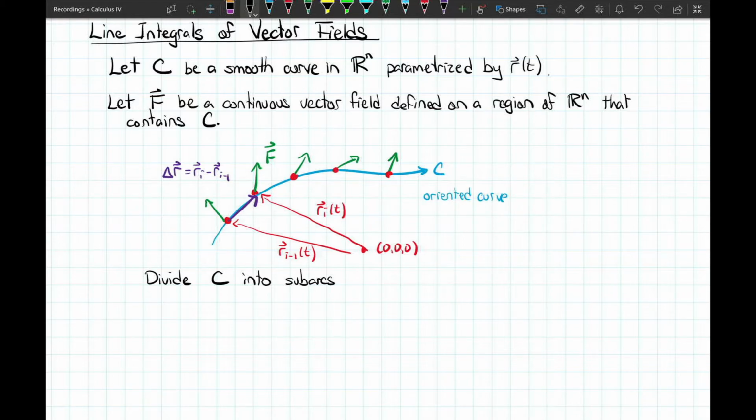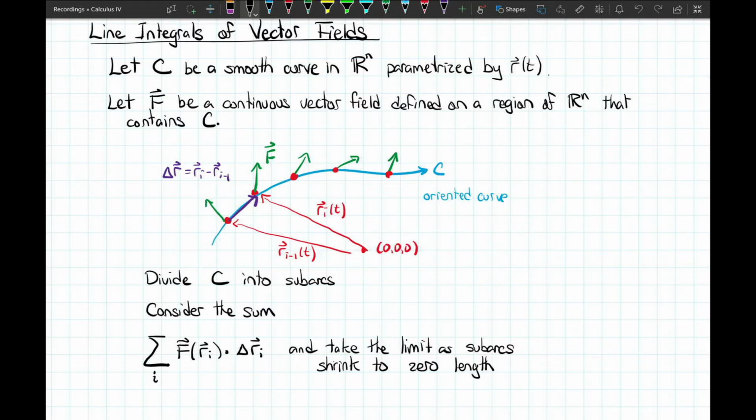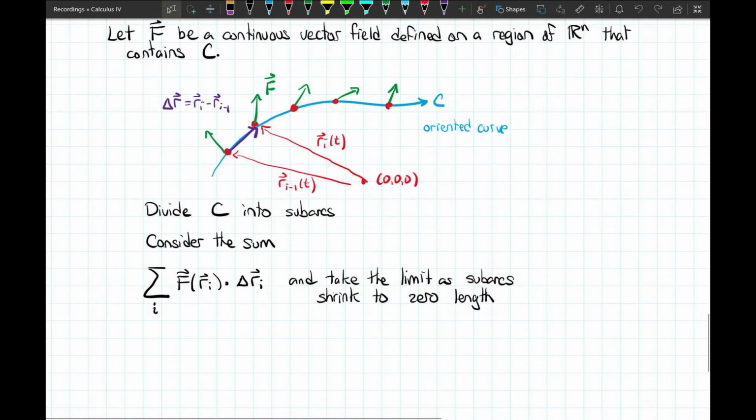So that's what we're going to do here. We're going to consider a sum where we take the dot product of the vector field at each position with the displacement. Then we're going to take shorter and shorter little subarcs and shrink them to 0 length. That's where we bring in the limit, and that gives us the definition of the line integral of a vector field.